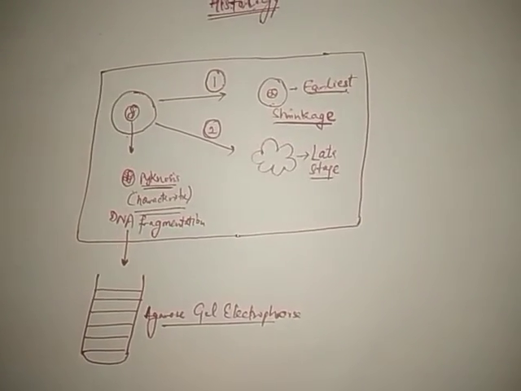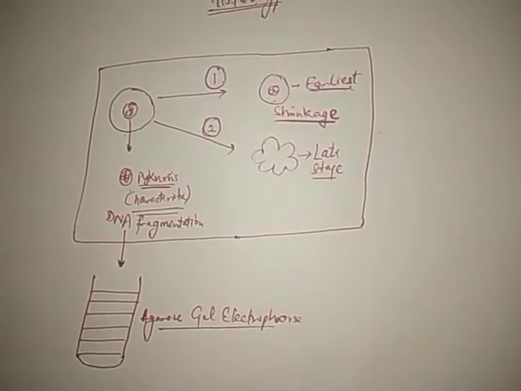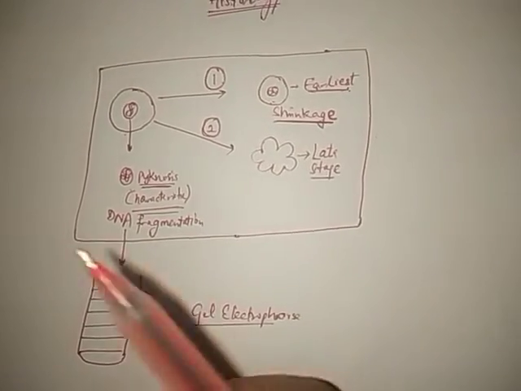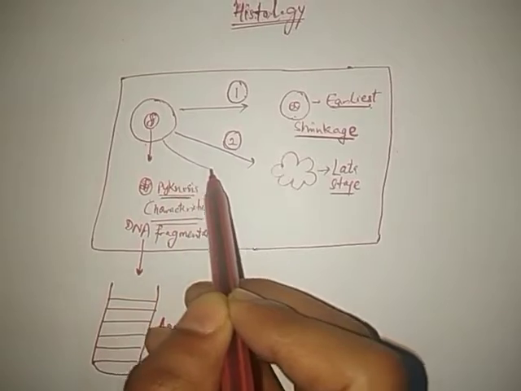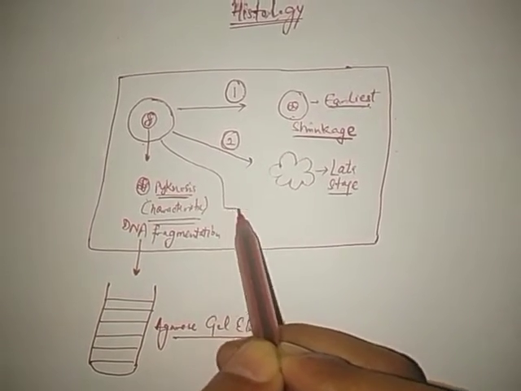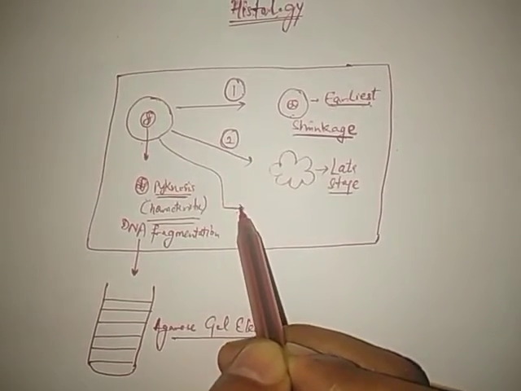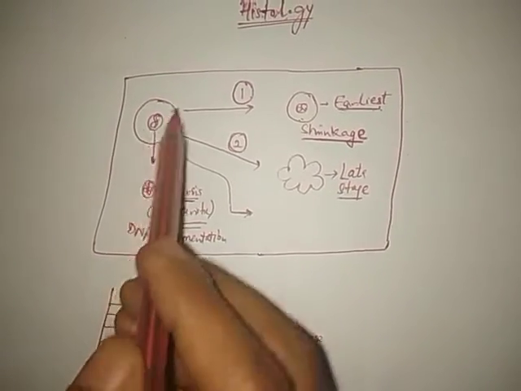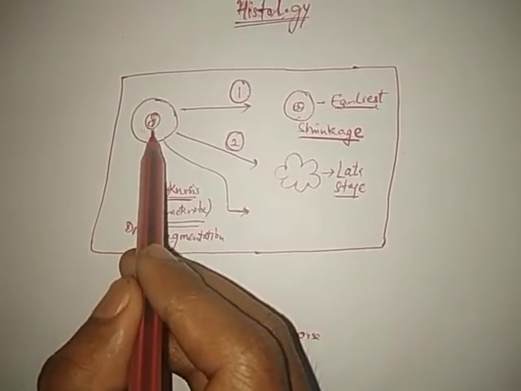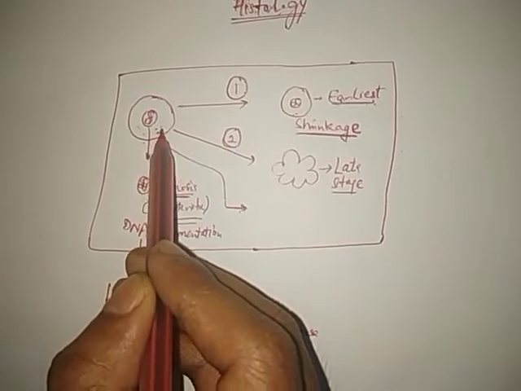Another thing I would like to highlight here is that when these cells get destroyed, they are destroyed in a very sophisticated way, so that there is no leakage of the contents of these cells. When their DNA gets damaged, it forms nuclear debris like this.